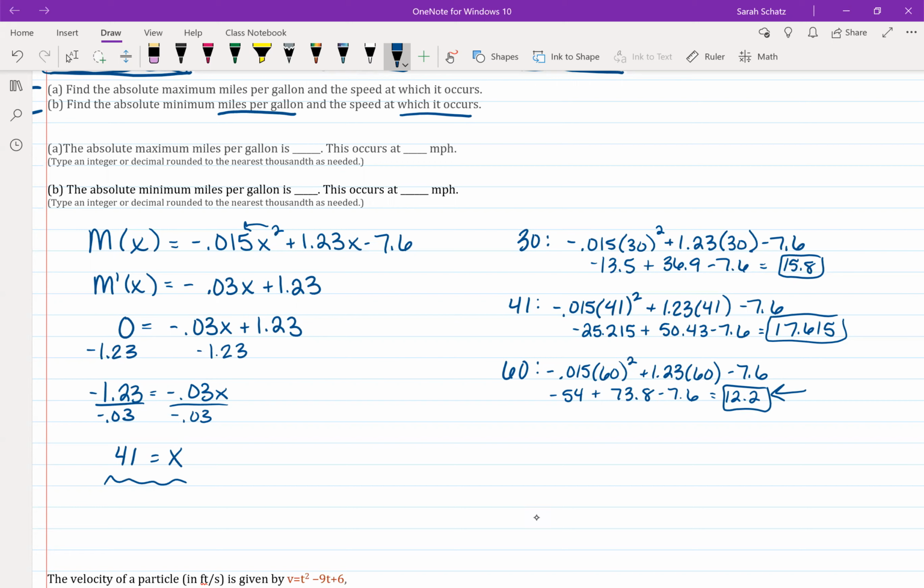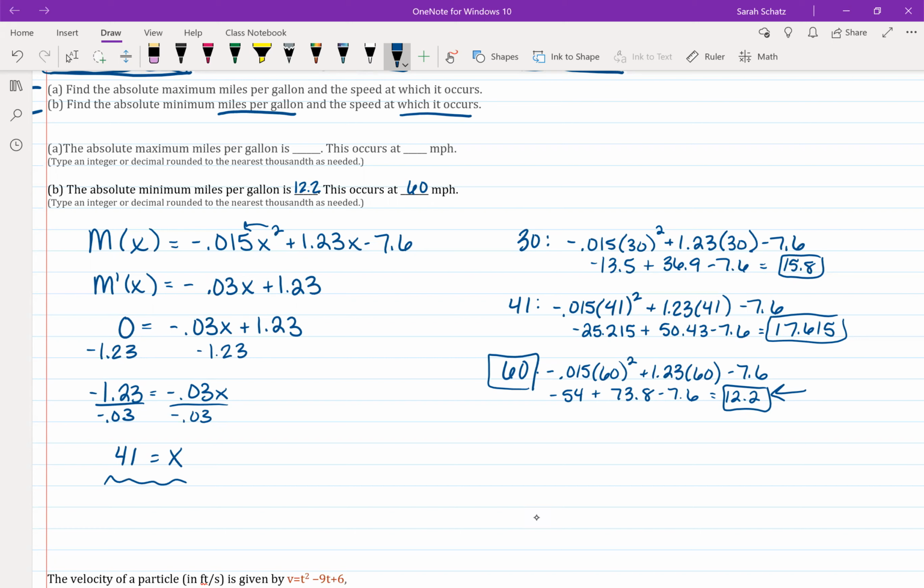So I even copied down where you put in your answers on this one. You guys, the absolute minimum miles per gallon. Remember, miles per gallon in this problem is the y value. So the absolute minimum y value is 12.2. And this occurs at the x value of 60.